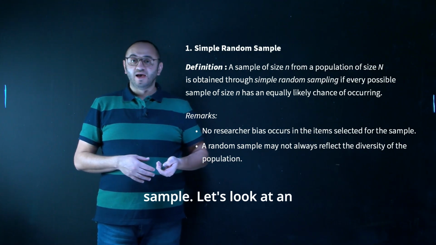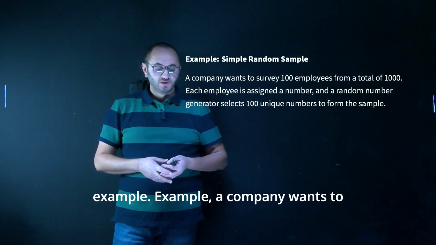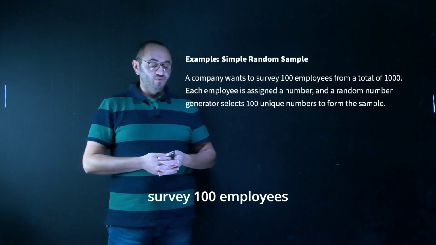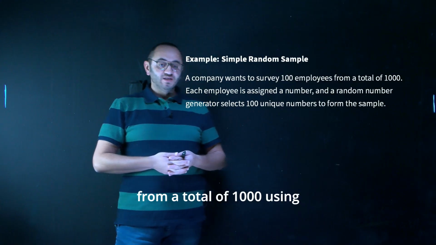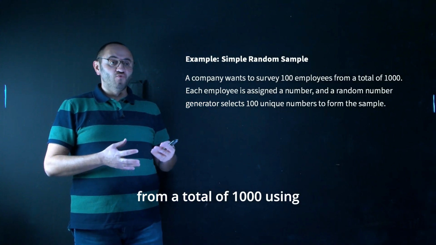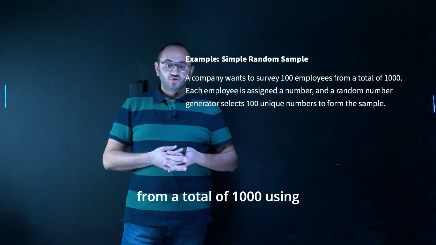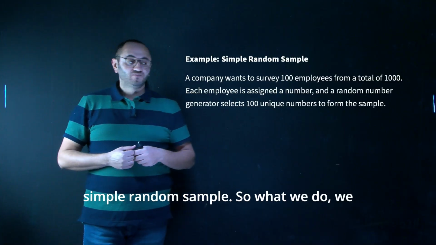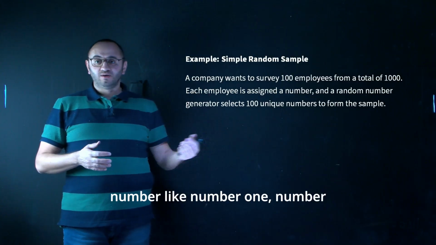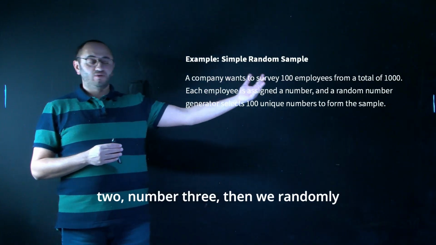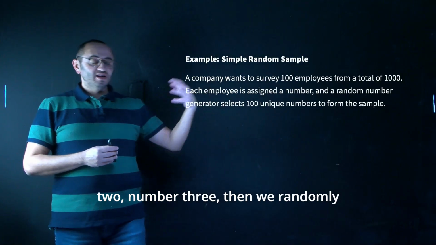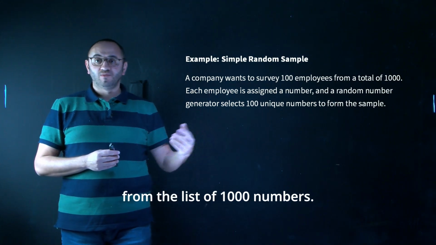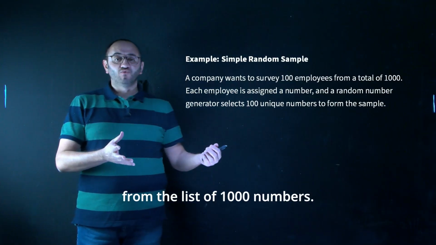Let's look at an example. A company wants to survey 100 employees from a total of 1,000 using simple random sampling. What we do is give each employee a number, like number 1, number 2, number 3. Then we randomly select 100 unique numbers from the list of 1,000 numbers.